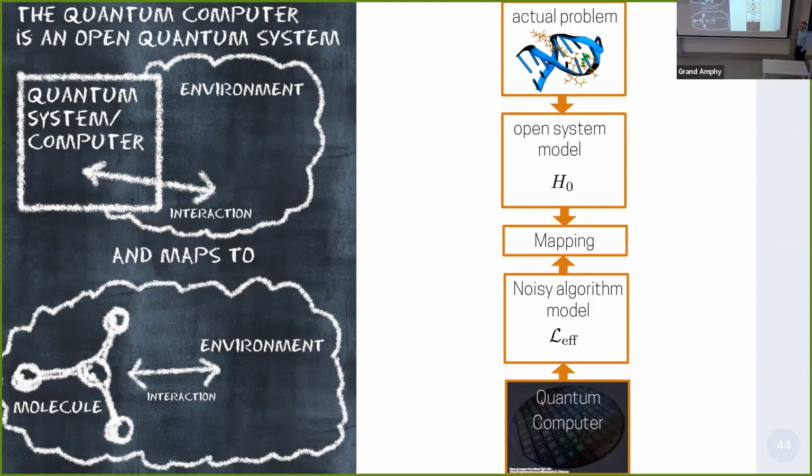So you consider it that way and produce the noisy algorithm model, and then you bring this together. In this way, you actually make noise or decoherence a resource that you use to solve problems. There are many steps and also many use cases that I did not discuss.